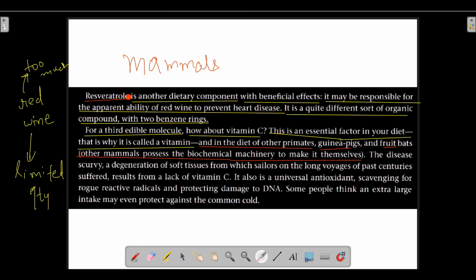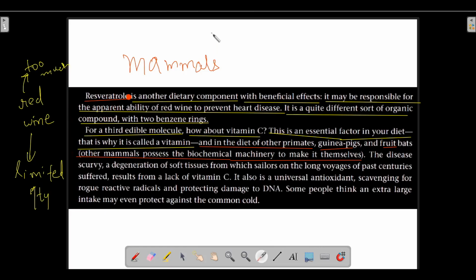Mammals other than humans, primates, guinea pigs, and fruit bats have the biochemical machinery to make vitamin C themselves. It is talking about other mammals.